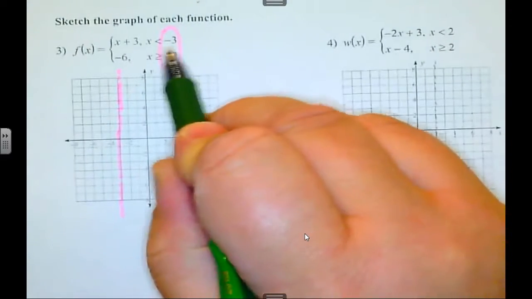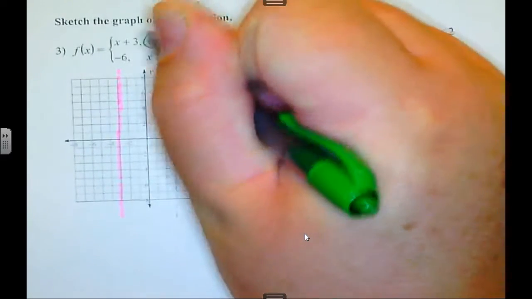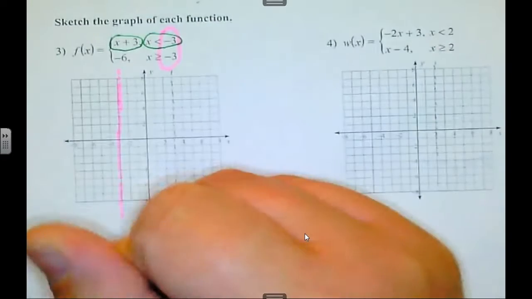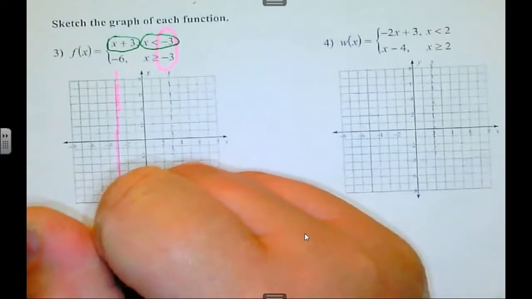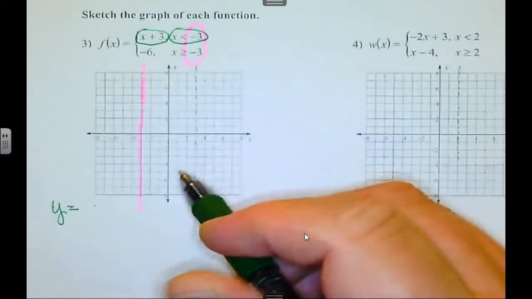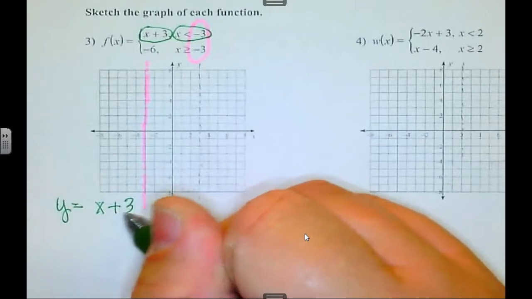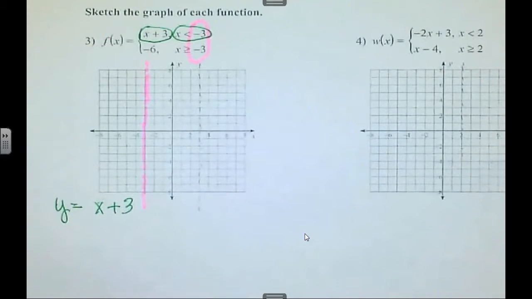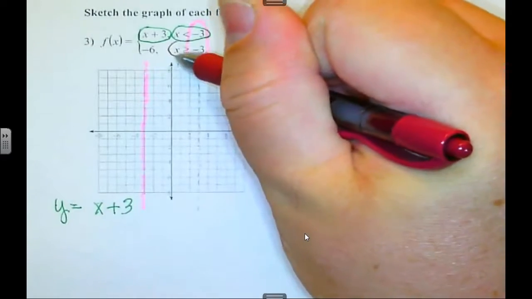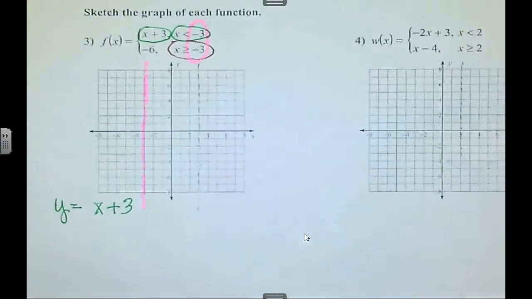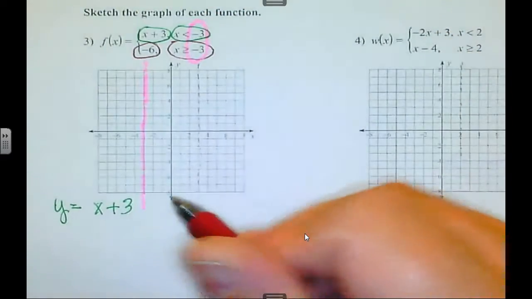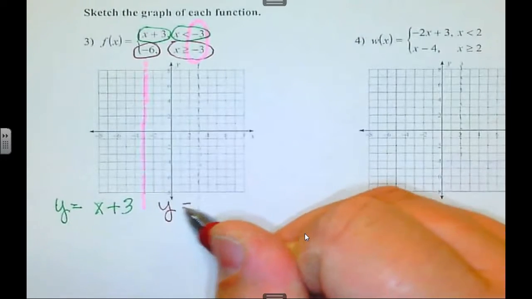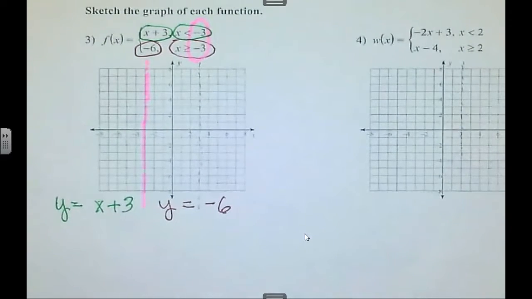Okay, my restriction of x less than -3, I use the function, so less than -3 is this side. I use the function x plus 3. The restriction of x greater than or equal to -3, I use the constant function -6. So anything greater than -3 equals -6.